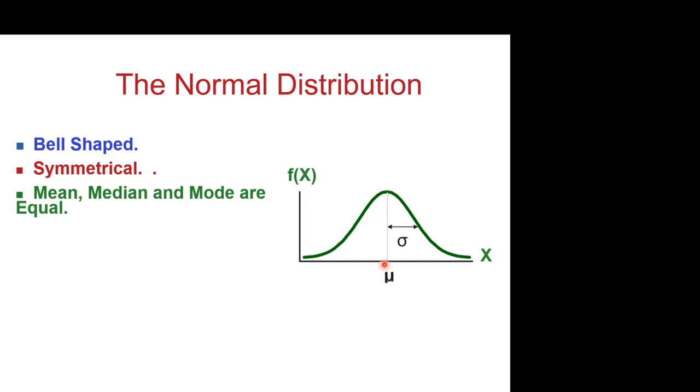For a normal distribution, the mean, mode, and median are actually equal.